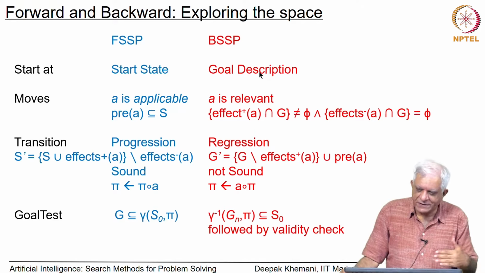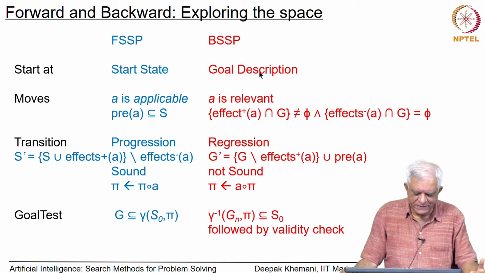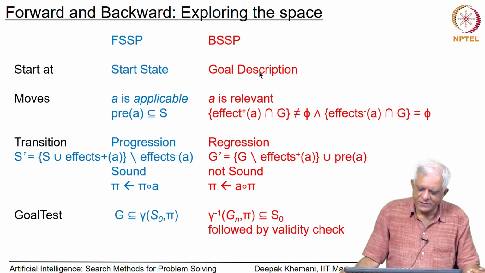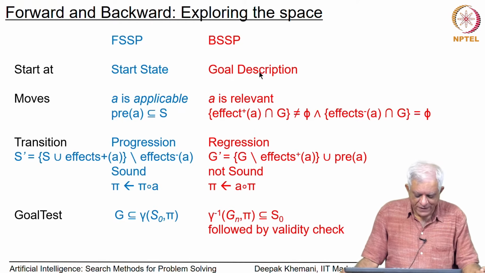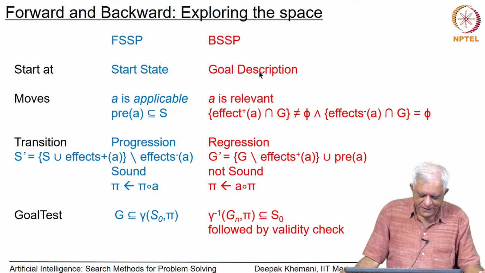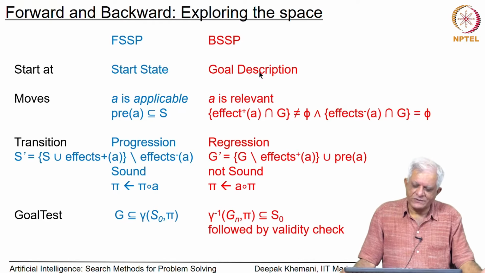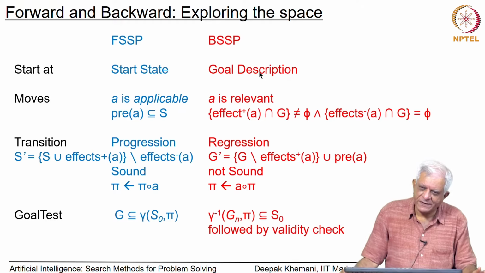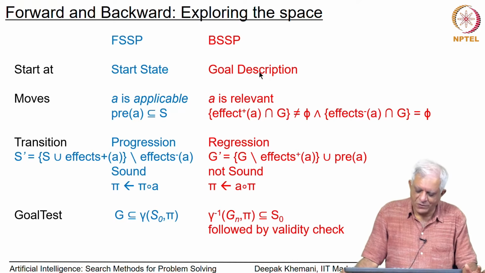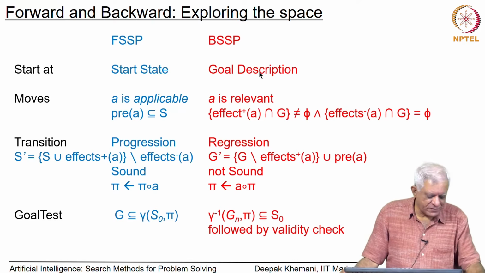The new state is given in this case by the state transition function that we had seen, gamma, that you start with S0 and apply the plan pi. Pi is a sequence of actions. You reach a new state which is depicted by gamma of S0 and pi, and you check whether the goal predicates or the goal description is satisfied in that particular state.